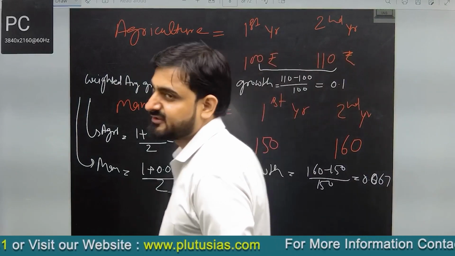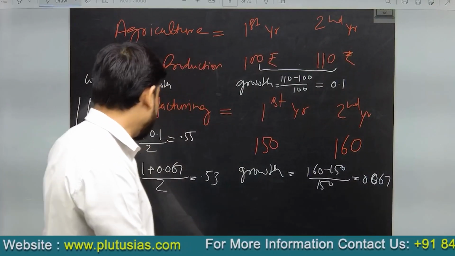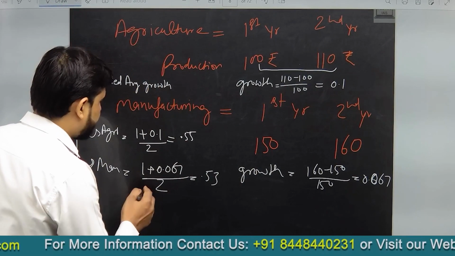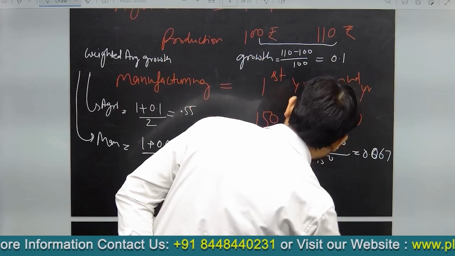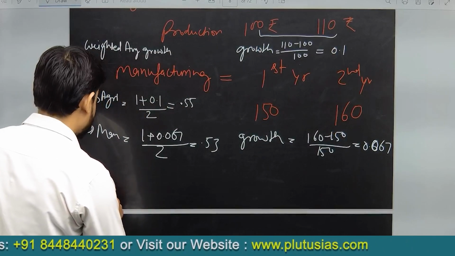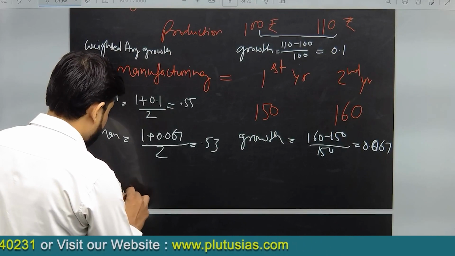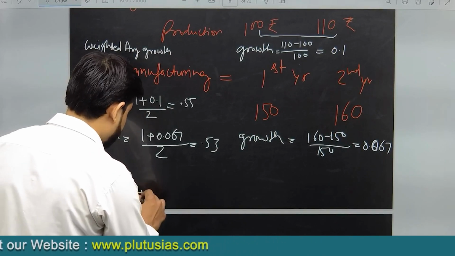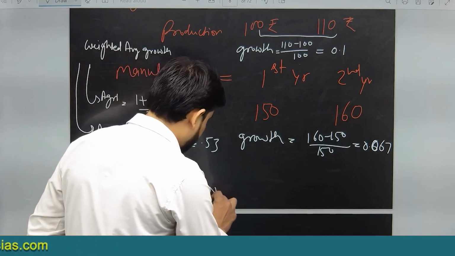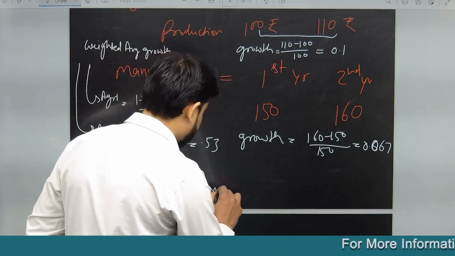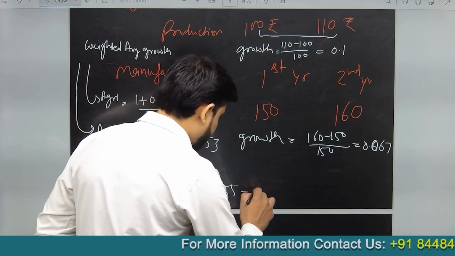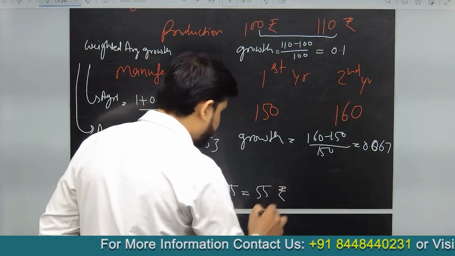Okay, all right, now it's okay. So weighted average growth. Now first year weighted average production: 100 multiplied with 0.55, it is equivalent to 55 rupees.